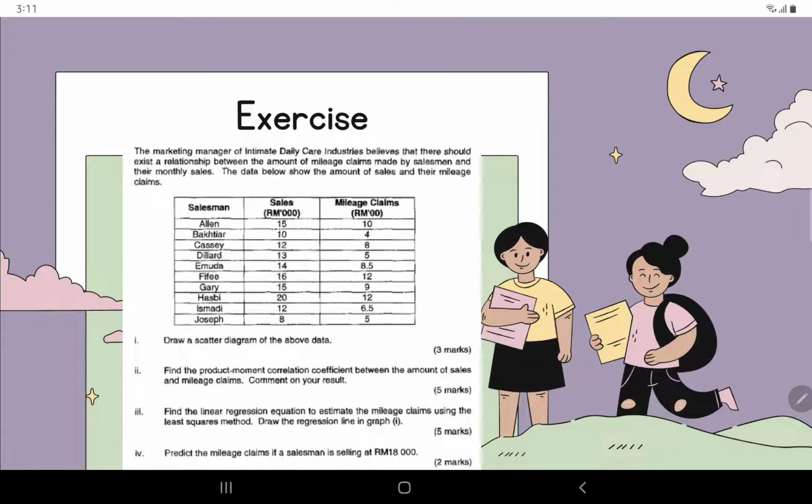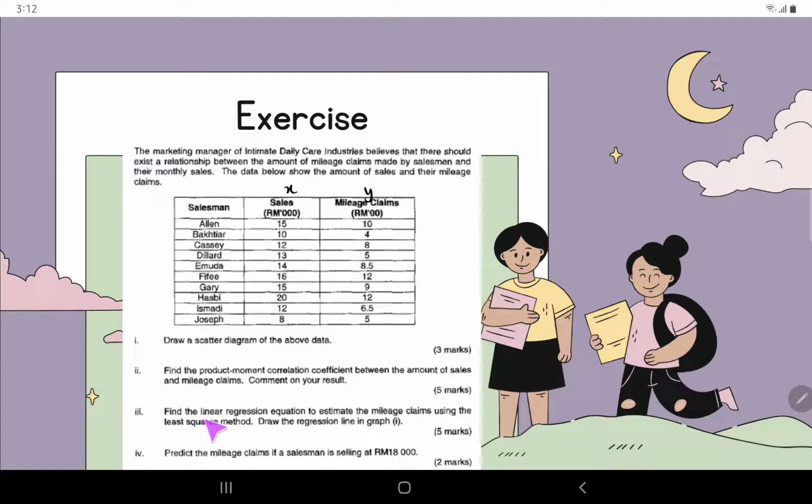So mestilah sales ni kita punya X, this is our X, kita punya Y. Sales is the independent variable and Y is the dependent variable. So bila you all nak lukis scatter diagram, make sure sales ni adalah dekat X axis, mileage claim is on the Y axis.